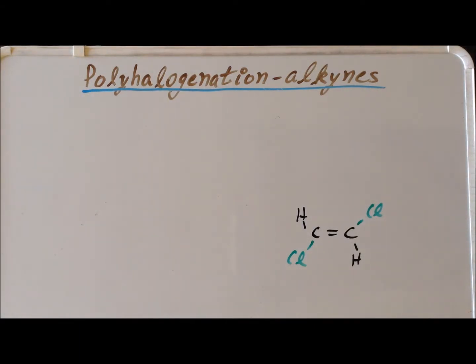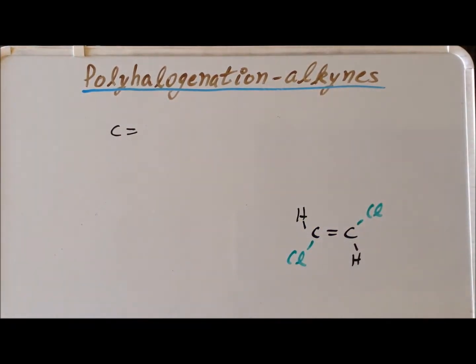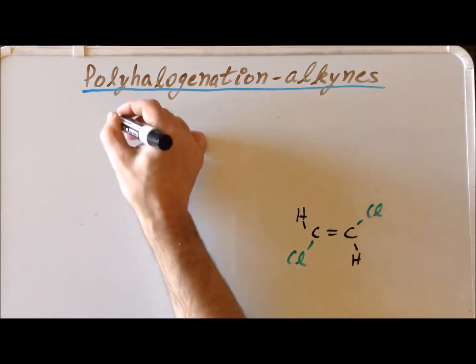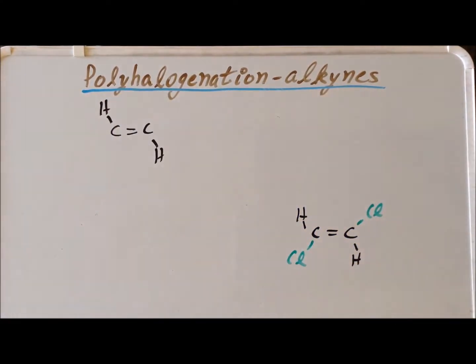Now suppose that we have a sufficient excess of chlorine that we can continue to react the trans 1,2-dichloroethylene with more chlorine.